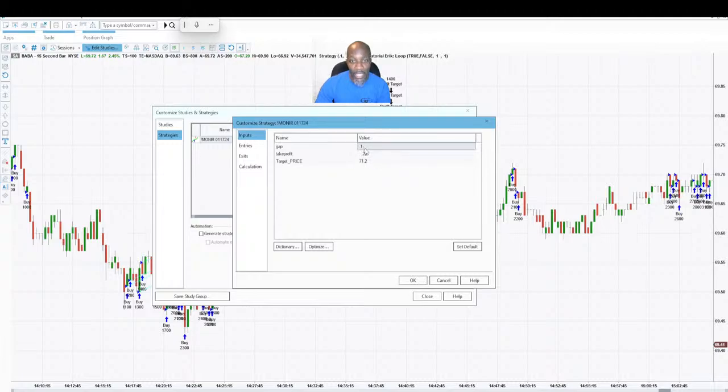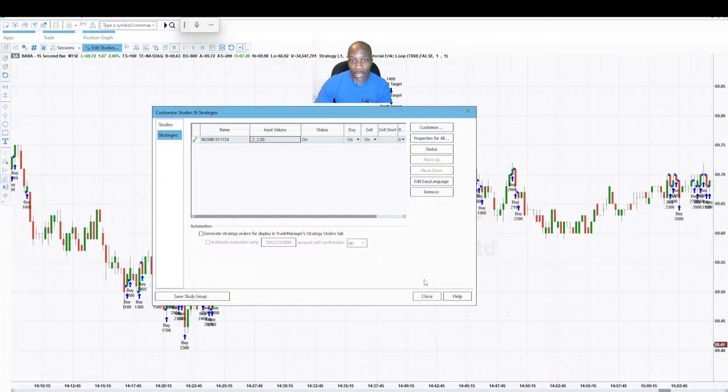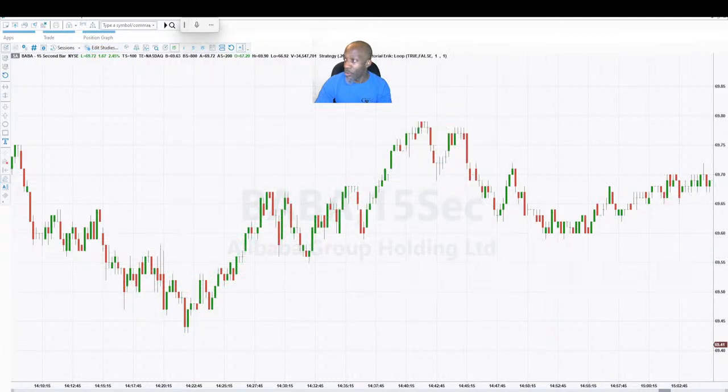So from 10 cents, you can make it 20 cents or whatever. Your take profit, you said you want that at 20 cents, so you leave that at 20 cents. And then your target price, you can change that to $80 if you want to. So essentially this will be the maximum of what it will trade.